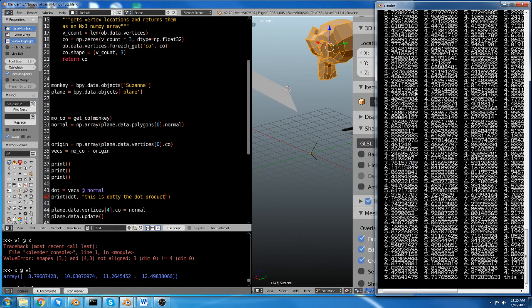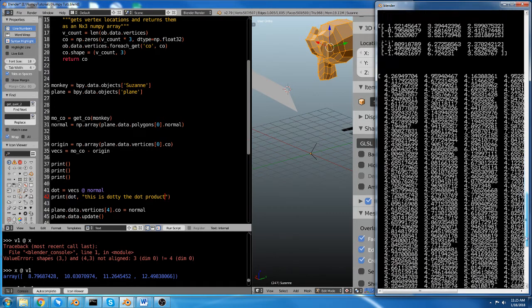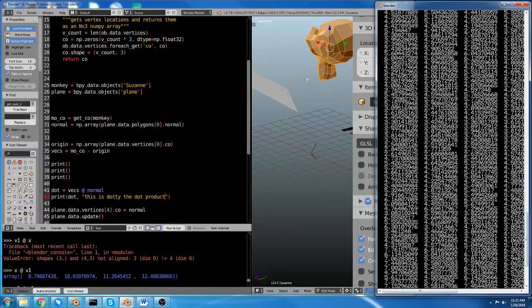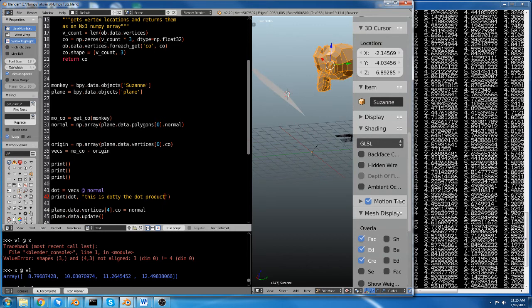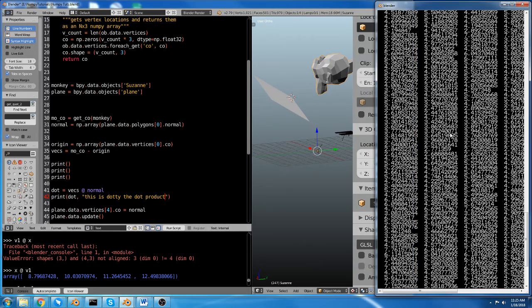We get this single value for every one of these. So these are all scalar values, and they're all fairly similar because it's basically a similar direction pointing out towards every one of these vertex locations. Hope that makes sense.